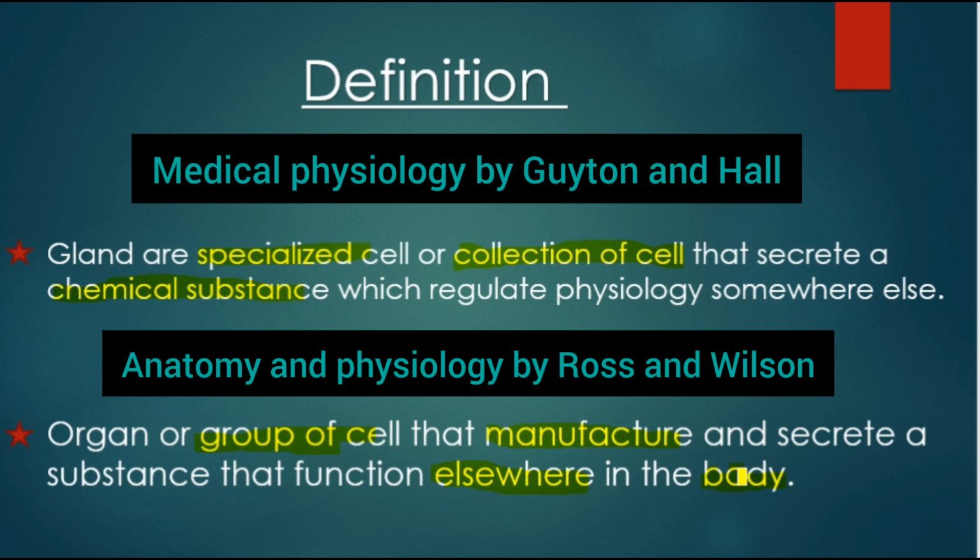These chemical substances, when produced and synthesized in this group of cells or organ, move somewhere else in the body, and then perform a specific function in another part of the body. Such an organ or collection of cells is called a gland. So this is the simplest definition of glands.